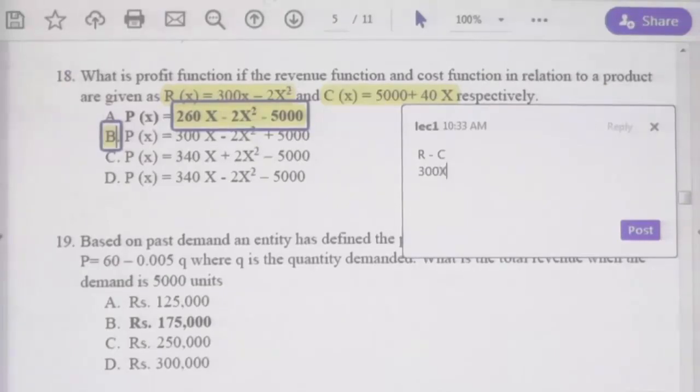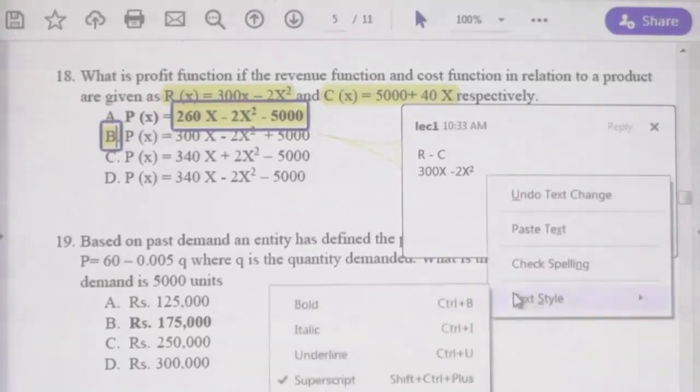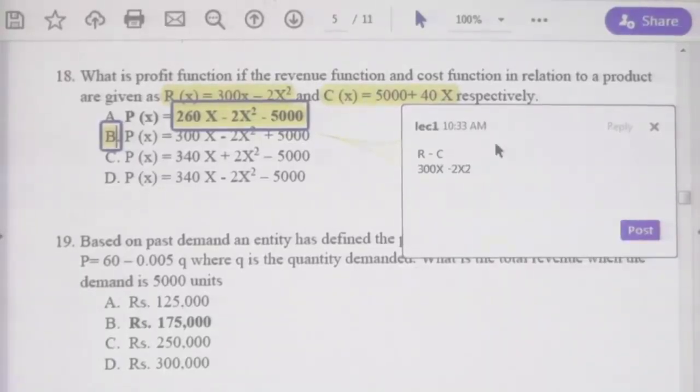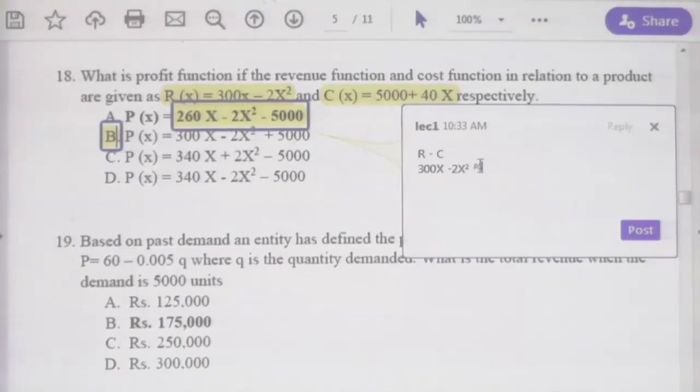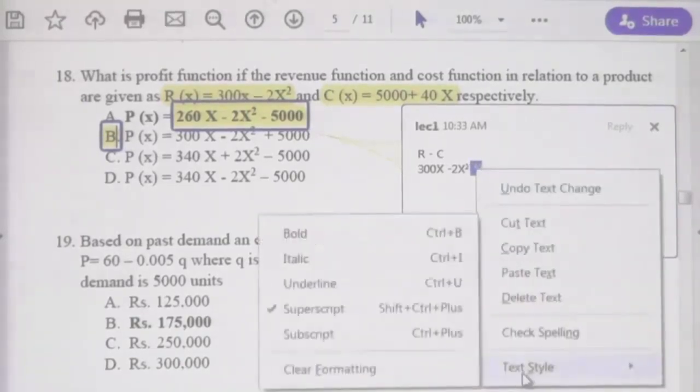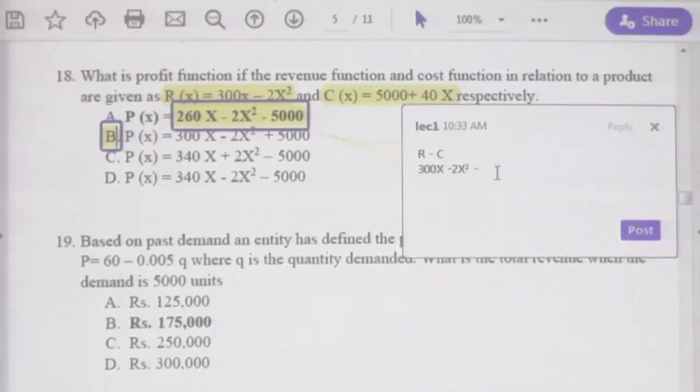Revenue is 300x minus 2x squared, right, then you need to take minus the cost function, that is 5000 plus 40x.